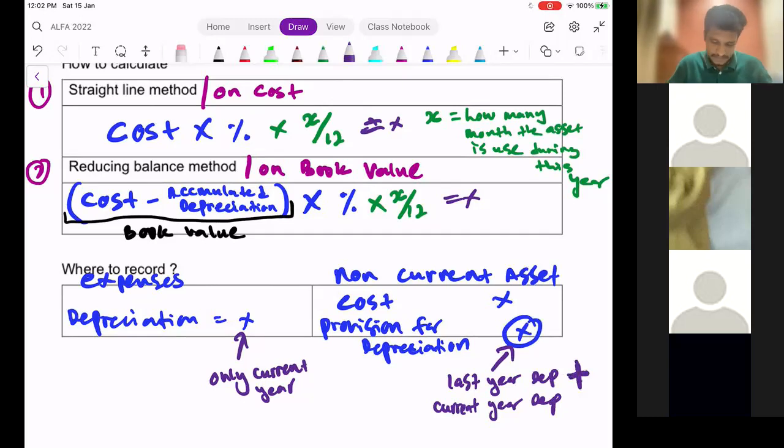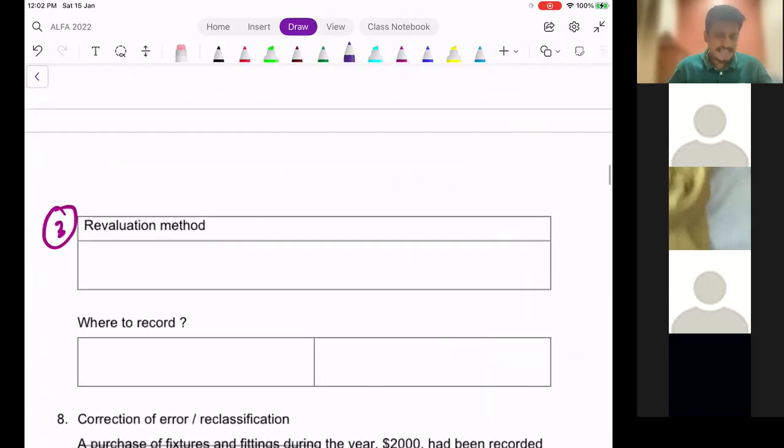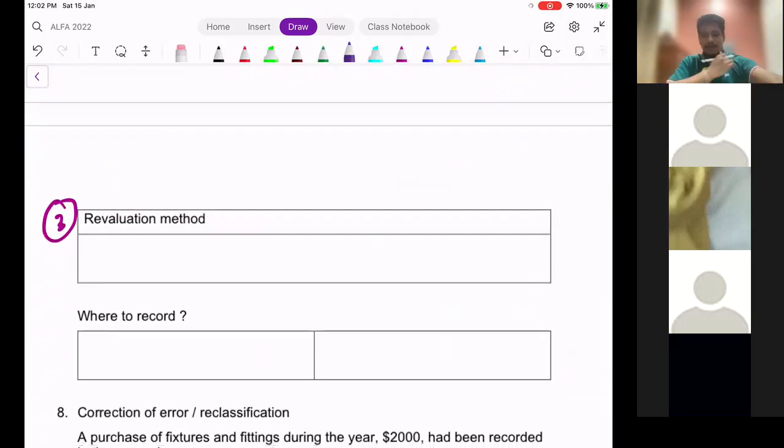This is for the first two methods, the straight line method and the reducing balance method. The next one is the revaluation method. How to do the revaluation method? It is different from the other two methods.